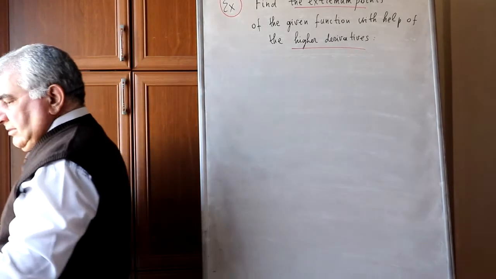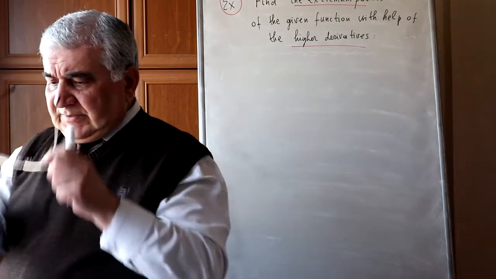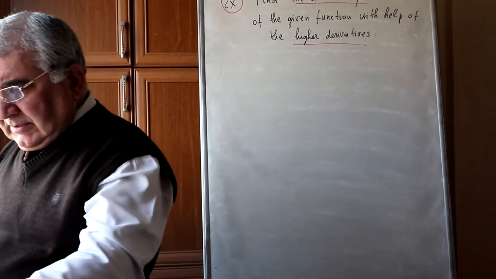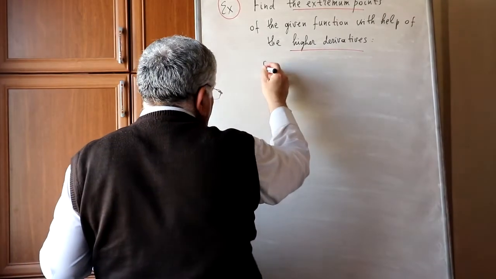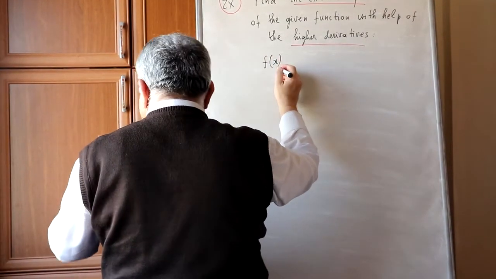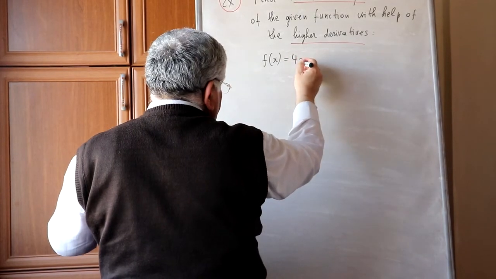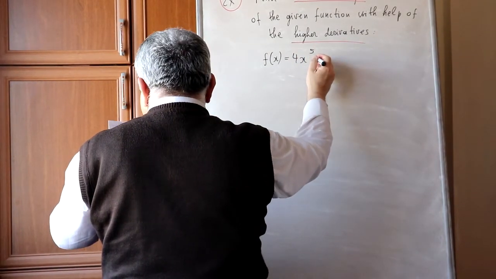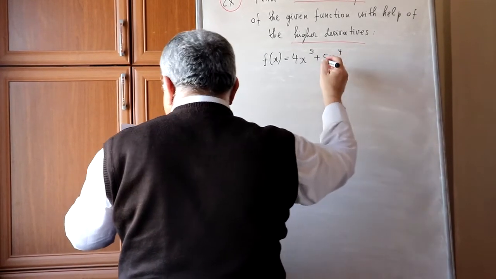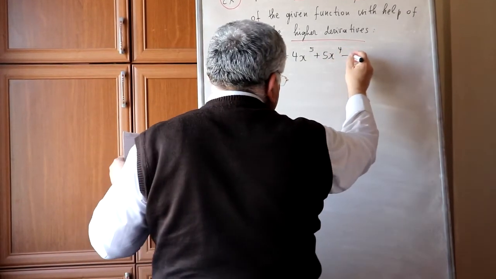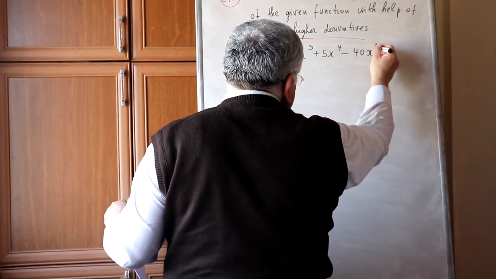Write the given function. Take the same function, f of x equals 4x to 5 plus 5x to 4 minus 40x cubed minus 30.